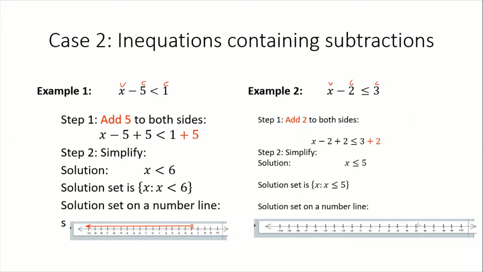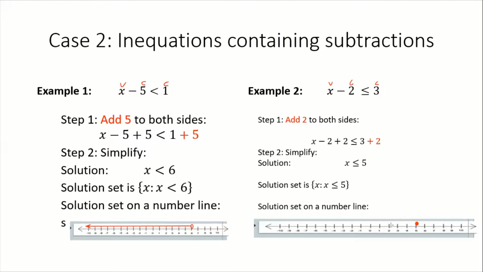Note here, this stroke represents 5. So above 5, we're going to place a shaded circle. And that's it. So note the difference. This one is open over here. This one is shaded.